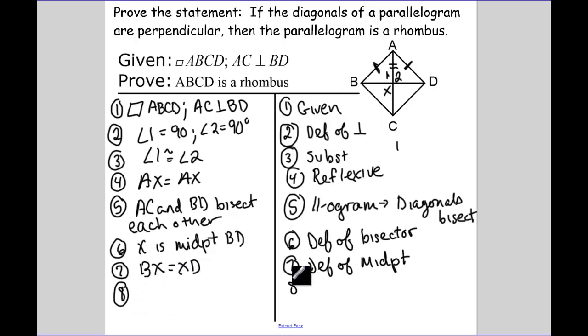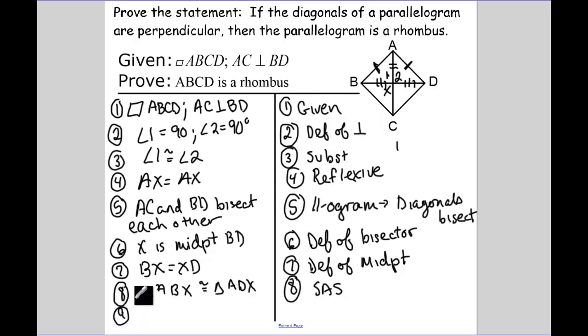Okay, now that I know those two adjacent triangles, triangle ABX is congruent to triangle ADX by side angle side.